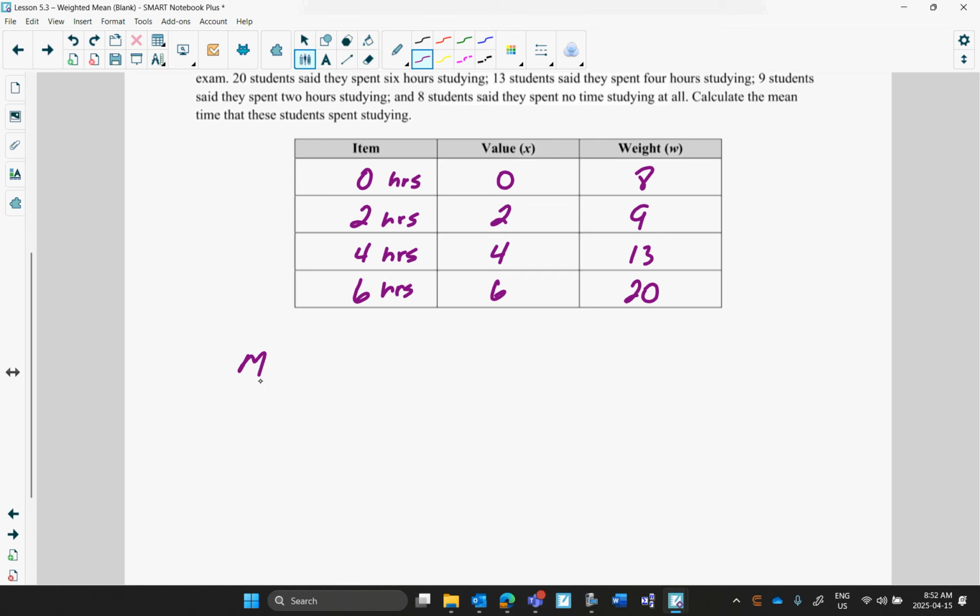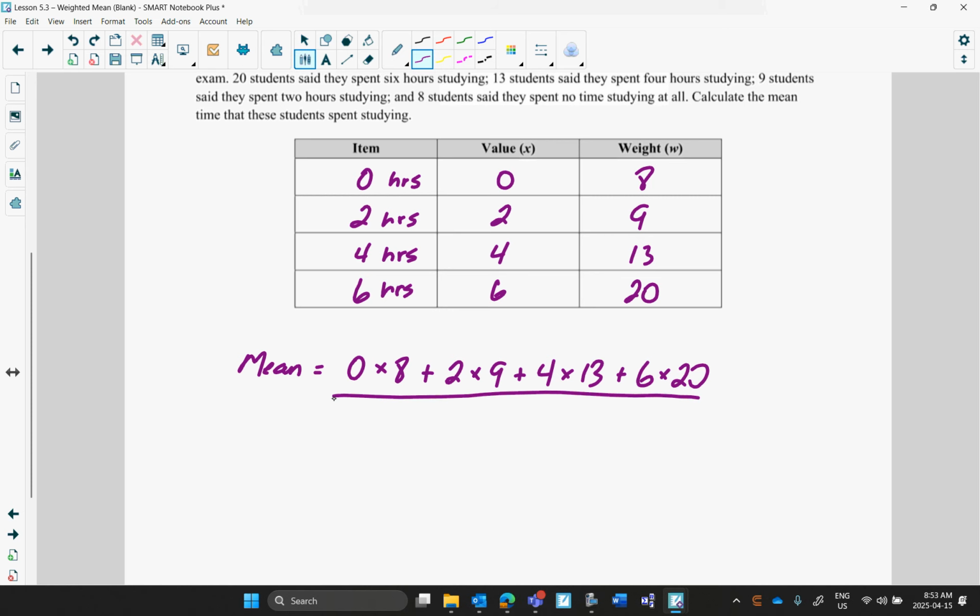So the mean would be 0 times 8 plus 2 times 9 plus 4 times 13 plus 6 times 20. And then I have to divide by the sum of the weights. So divided by 8 plus 9 plus 13 plus 20. That's a lot quicker than adding 50 numbers and dividing by 50.